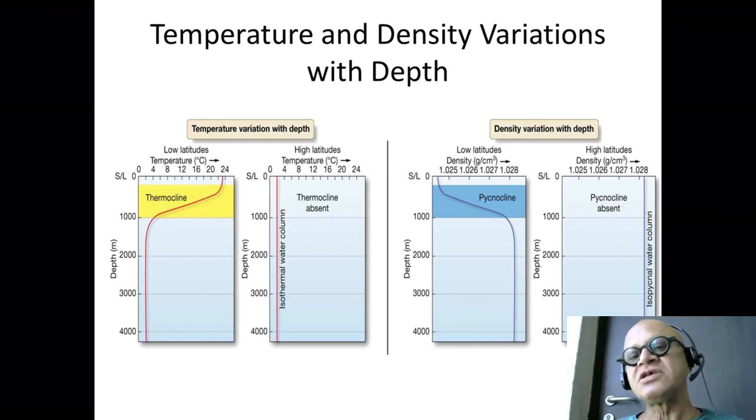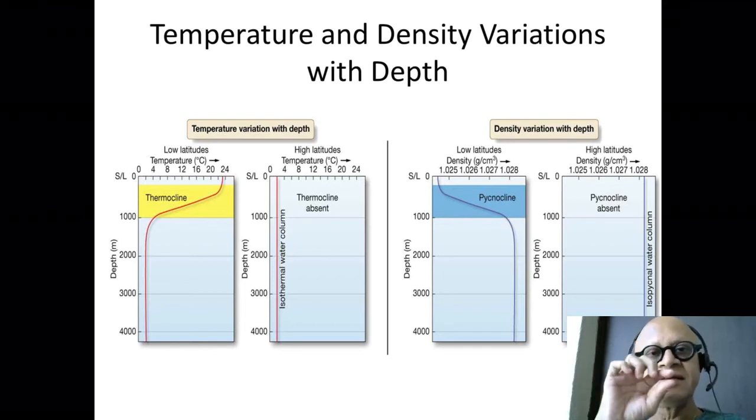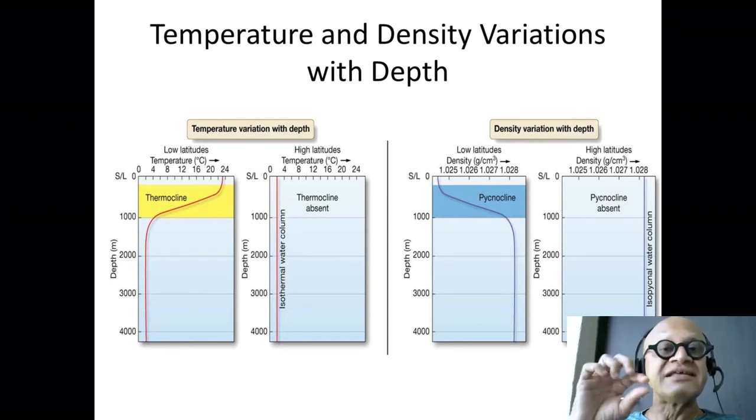You can see that the density is going from about 1.02 or so to 1.02728 and so on. If you draw many horizontal lines in the pycnocline, you can create density ranges, which we call isopycnals or constant density layers.